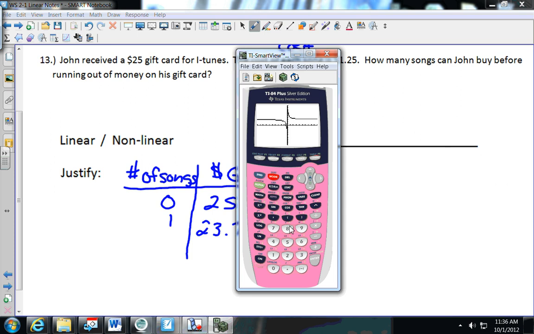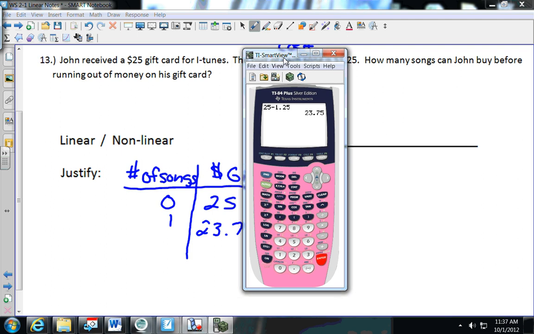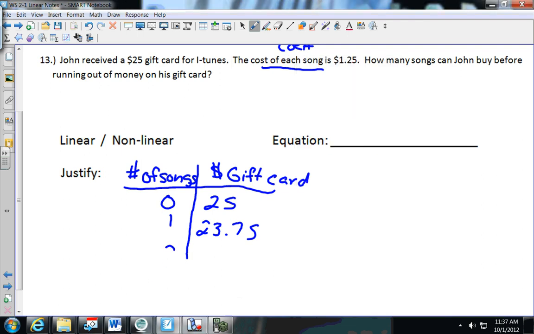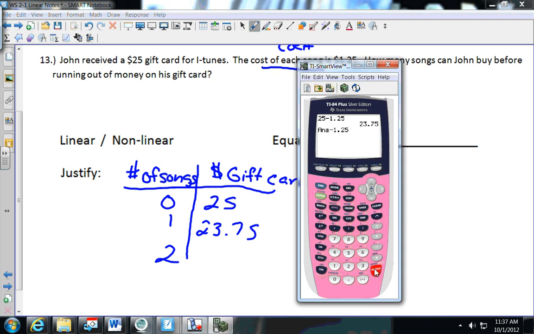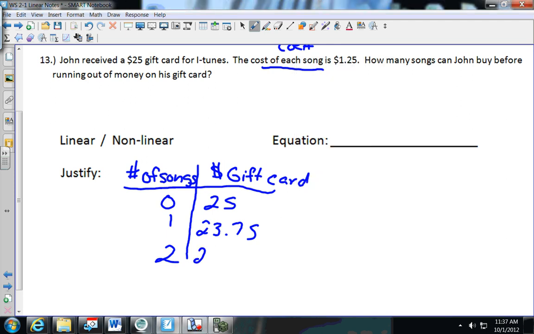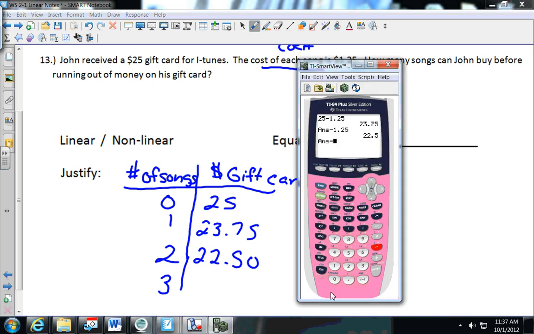Go here, start with 25 and subtract $1.25. That gives me $23.75. Then if I download a second song, you subtract off another $1.25, which is $22.50. 3 songs, $21.25.